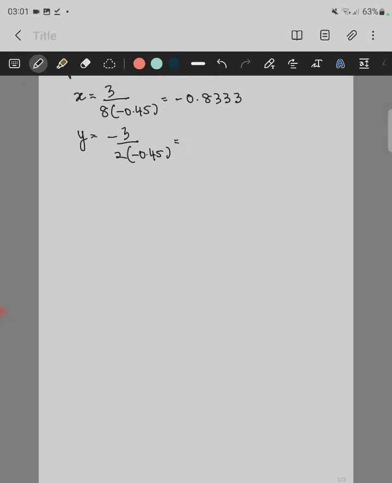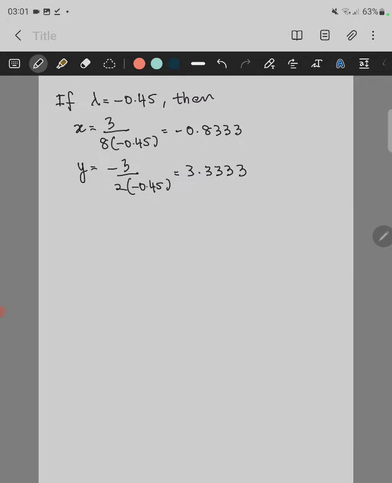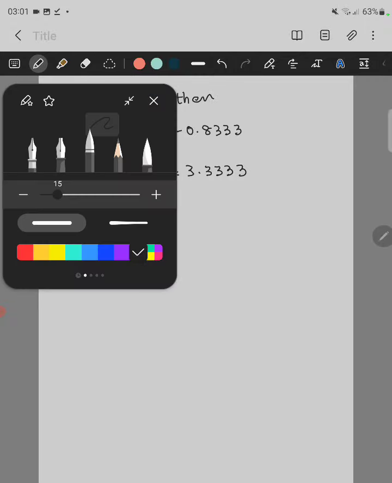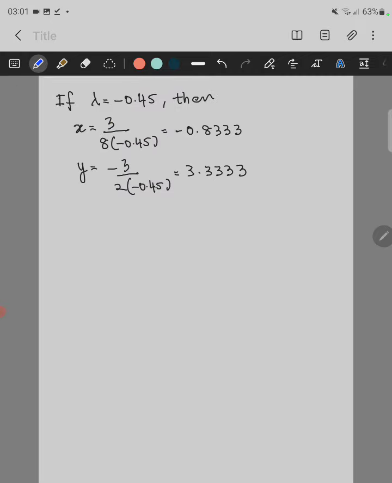So this will be the first solution. If our lambda equals minus 0.45, then x equals negative 0.833, and y equals 3.3333.